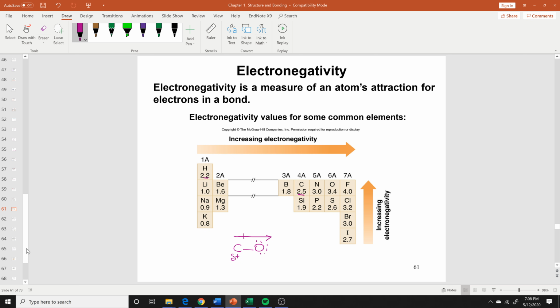Oxygen is going to gain electrons and become partial negative. This is called the direction of polarization. It's as if oxygen, because it's more electronegative, is stealing electrons away from the carbon. See, this is the direction of electrons in there. So we're going to say that this bond is a polar bond because the electrons are moving from the carbon to the oxygen.